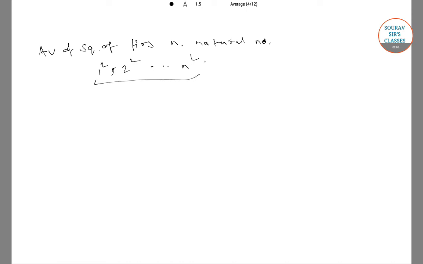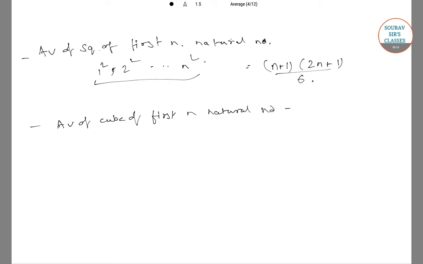The average is given by n plus 1 into 2n plus 1 divided by 6. And the average of cubes of first n natural numbers is given by n into n plus 1 square divided by 4.